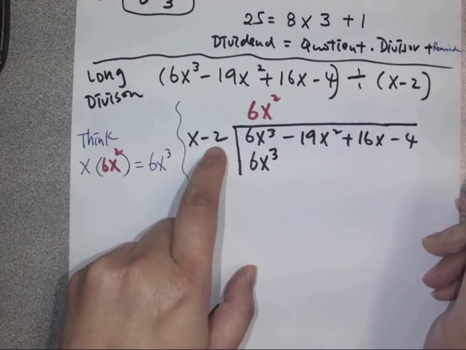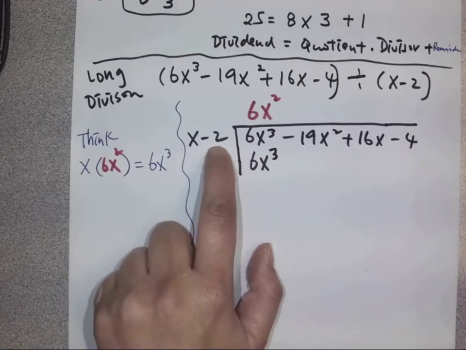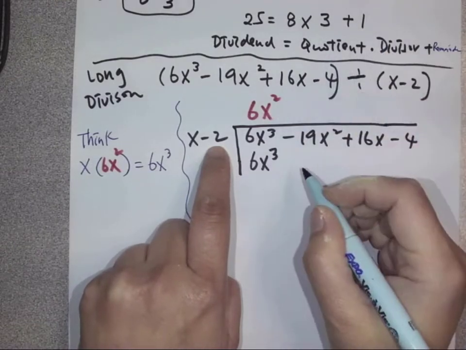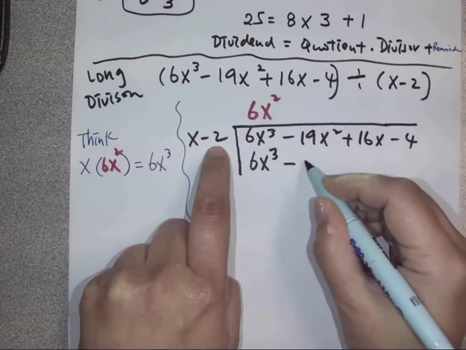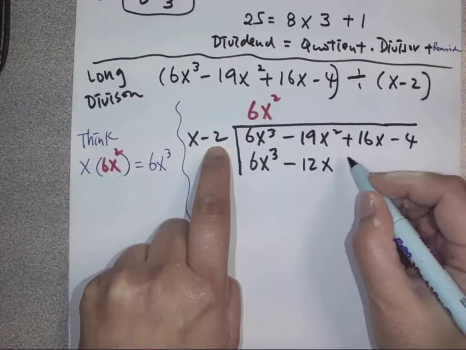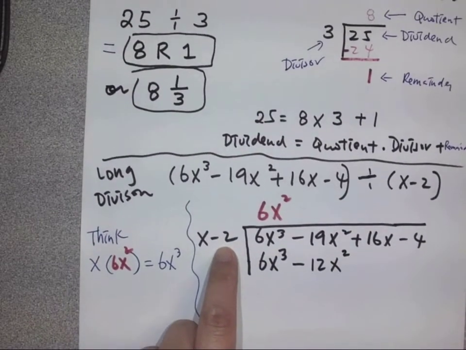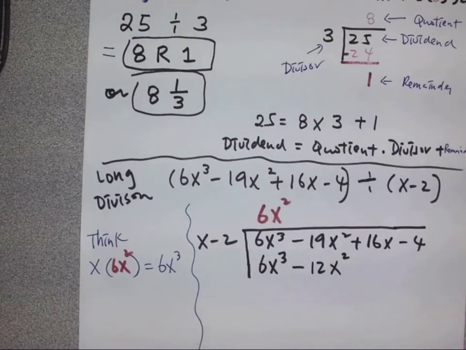And then don't forget, your divisor has more than one term. So the minus 2 also needs to multiply this term. The two multiplied together will give me what? Negative 12x to the second power. So remember earlier, when we get to this point, what are we doing here? We subtract.